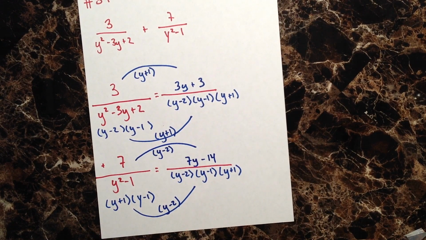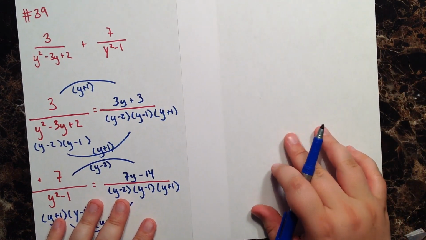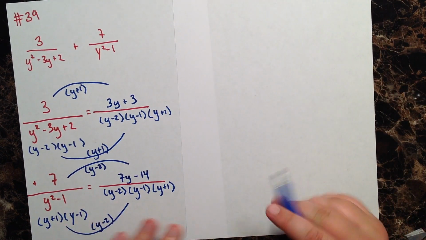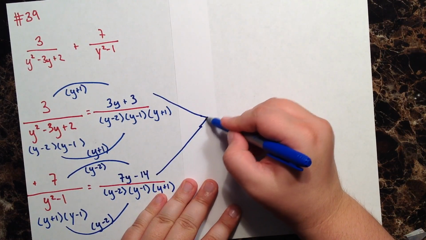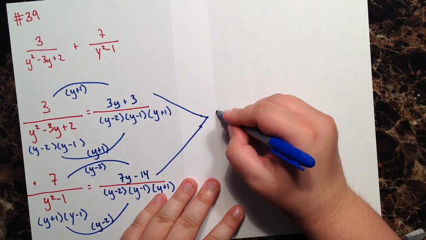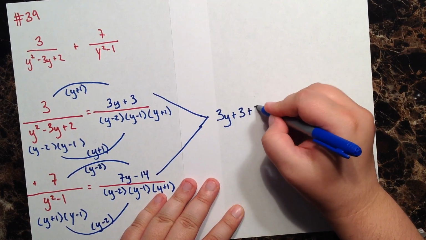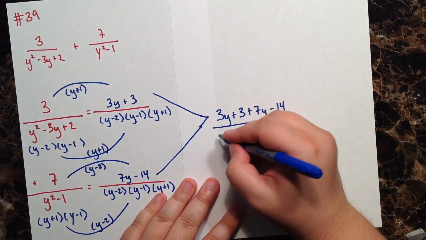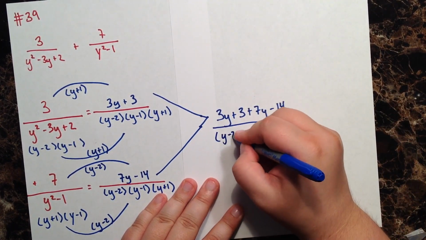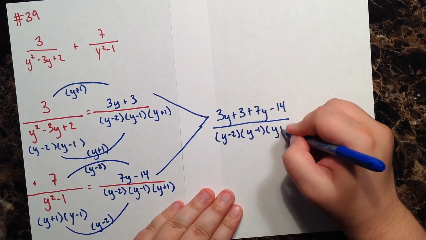And now that I have a common denominator, I can go ahead and simplify my numerators. So this is going to come over, and I'm going to have 3y plus 3 plus 7y minus 14 over our common denominator of y minus 2, y minus 1, y plus 1.